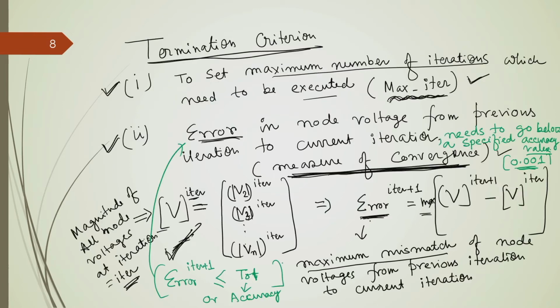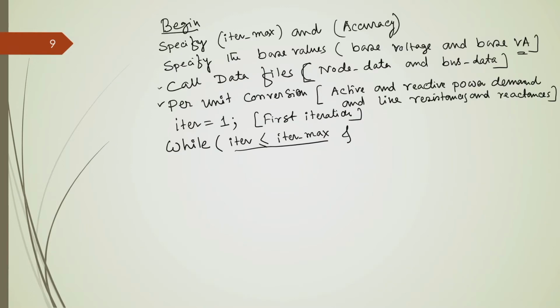And there is another convergence criteria that you have seen, that is error. When you start the first iteration, you have to specify an error value. You specify a high value, because before you execute this program there is no error actually.